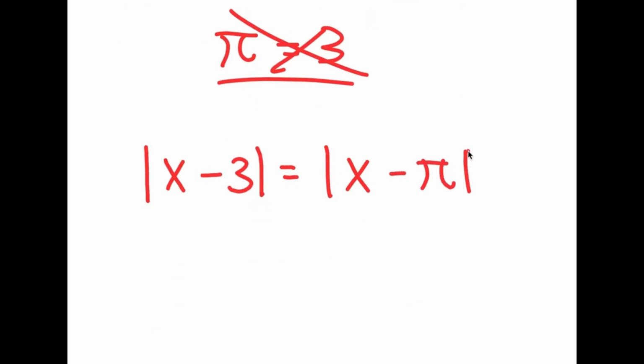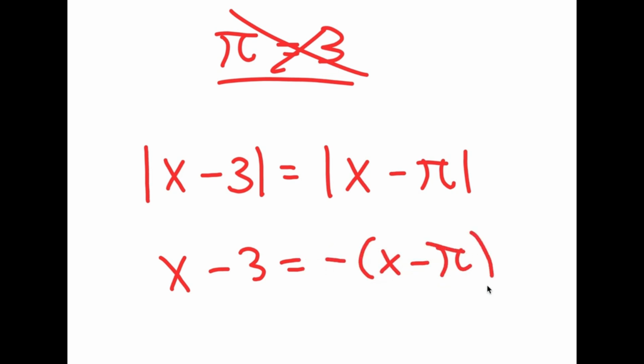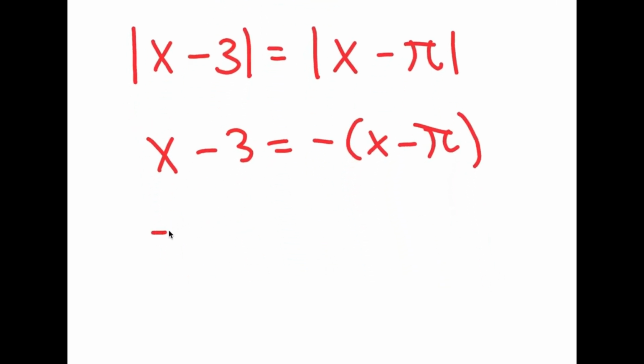The reason this is so important is because now I get x minus 3 is equal to negative x minus pi. Or also negative x minus 3 is equal to positive x minus pi, since we're taking the absolute value of these two.